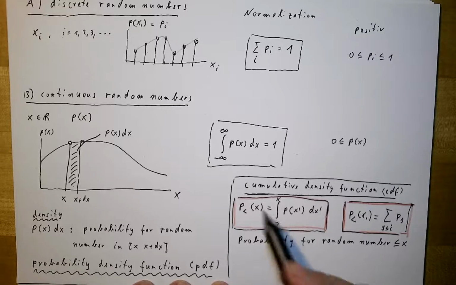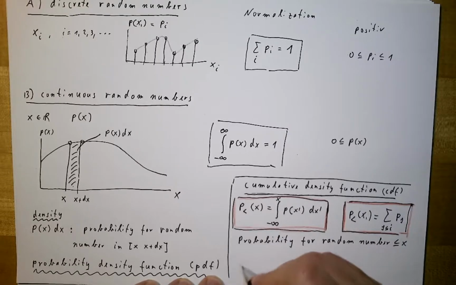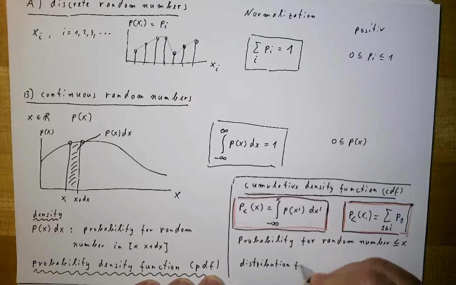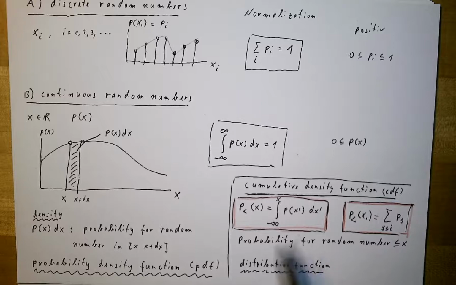For example, this cumulative density function is sometimes called the distribution function, in particular in the math literature, because this function is the fundamental quantity, the distribution function.